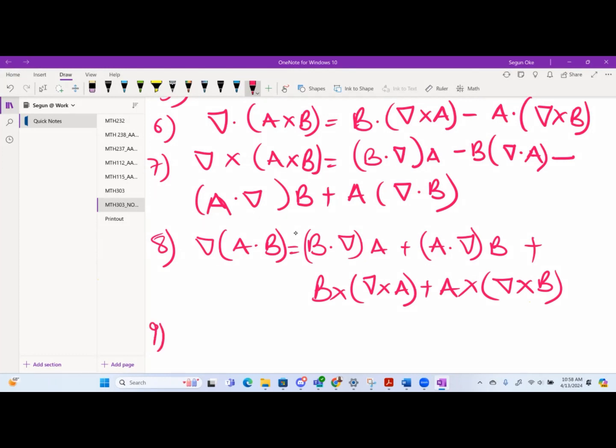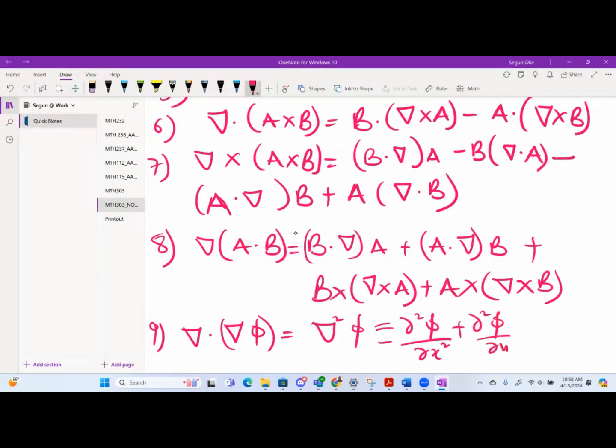Number 9 says del dot del phi is the same thing as del squared phi, which is equivalent to the second derivative of phi with respect to x squared, plus the second derivative of phi with respect to y squared, plus the second derivative of phi with respect to z squared.